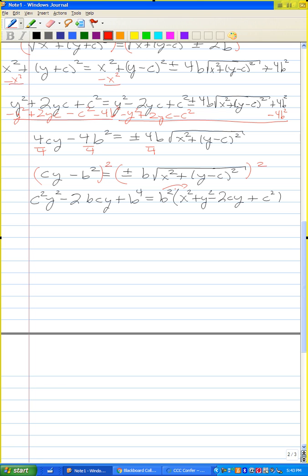Let me multiply by b squared. So I have c squared y squared minus 2bcy plus b to the fourth equals b squared x squared plus b squared y squared minus 2, ooh, that's a typo.